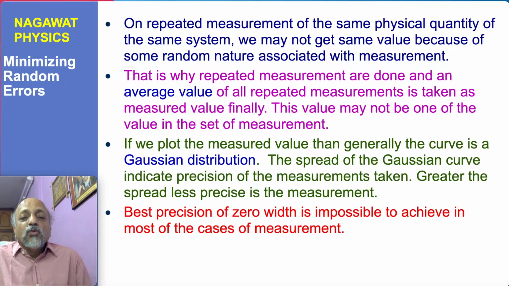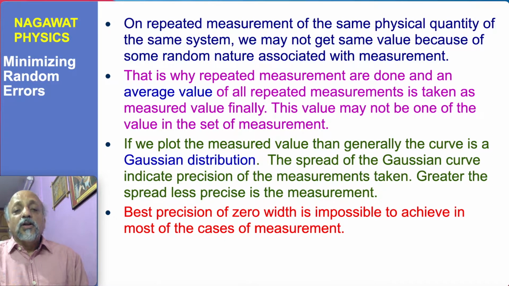If you have to determine the time period of a simple pendulum, you can determine the time period for 20 oscillations, but one single reading of the time period of 20 oscillations will not be proper. It would be better to take the time period reading for 20 oscillations 10, 20, 30, 40 times, and then take the average value as the time period for 20 oscillations, and from that you can compute the time period for one oscillation.